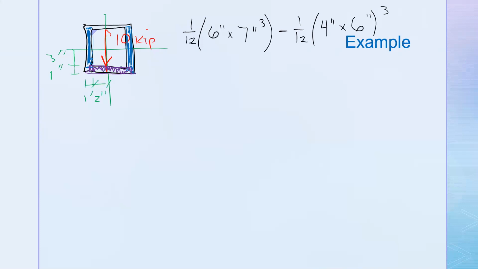Can you do this math and see what you get? I want to see what you get. Because if we do it separately, which is the way that most of us don't prefer to do it, it's a little bit easier to show.